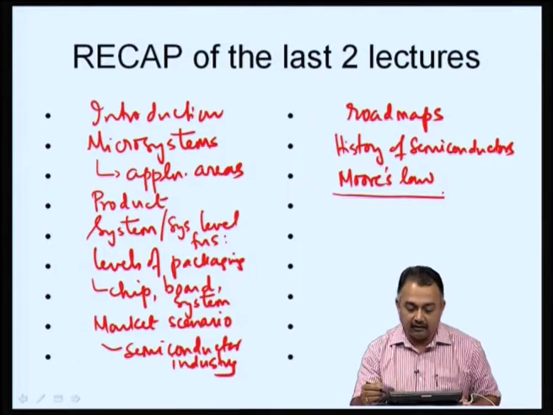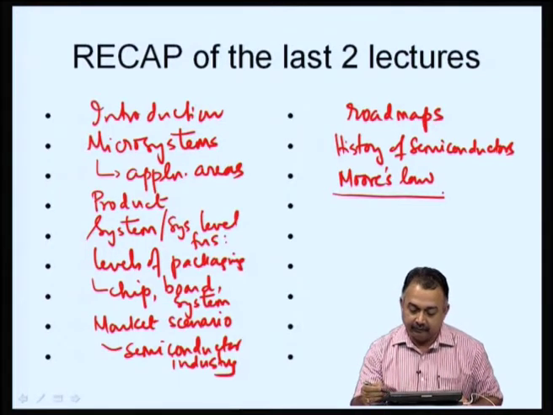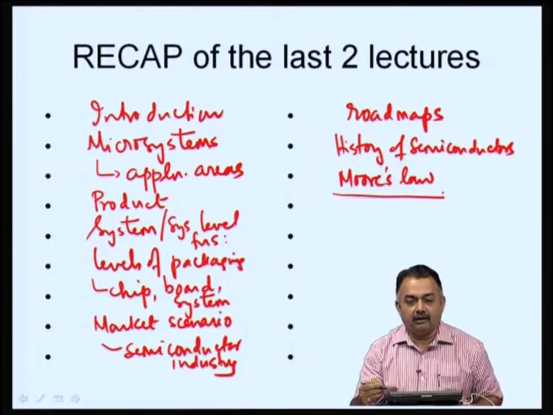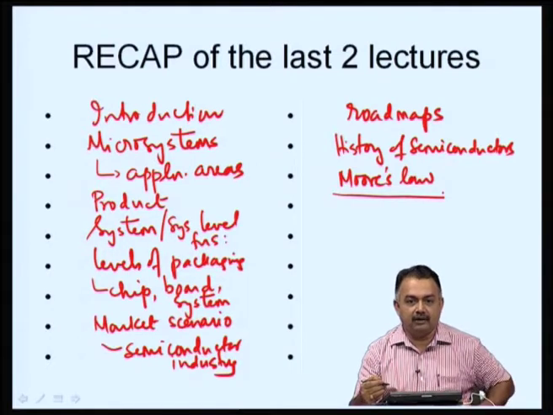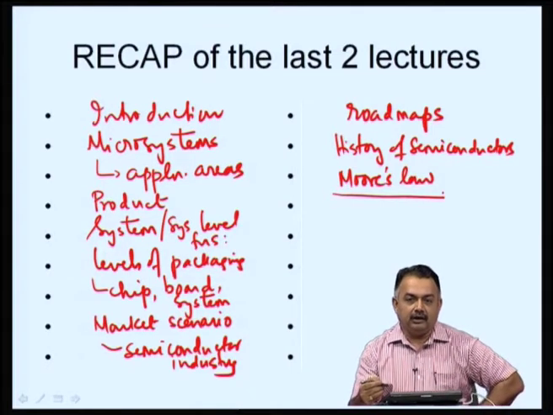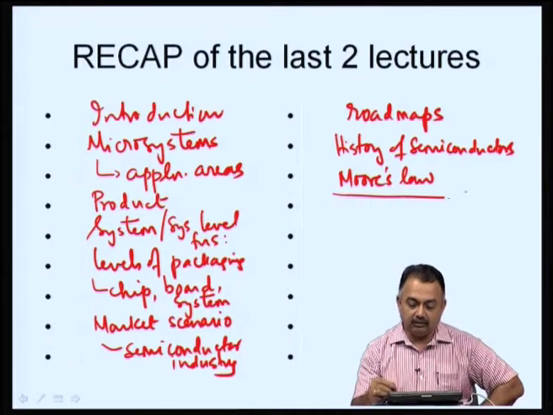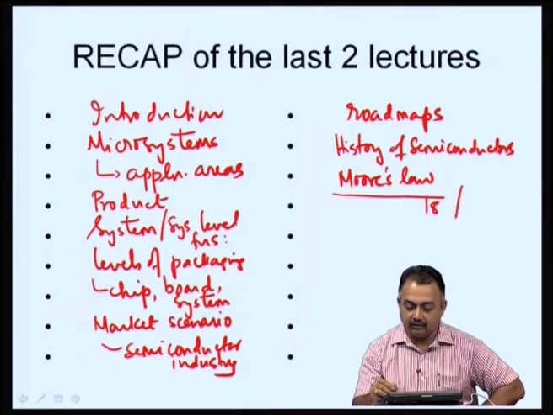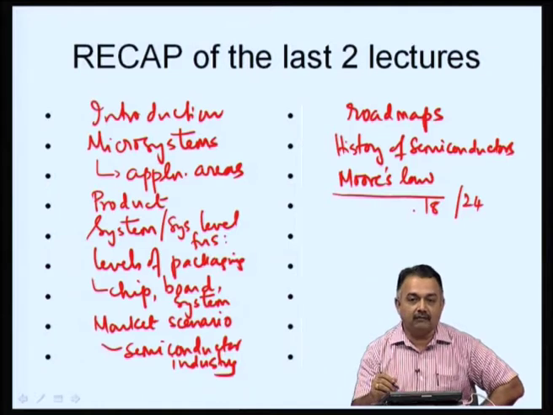I hope you can recollect what Moore's law is, which briefly states that the number of transistors built on a die doubles every 18 months, but I also mentioned that in today's context the growth is actually around 24 months. But Moore's law is still valid today.